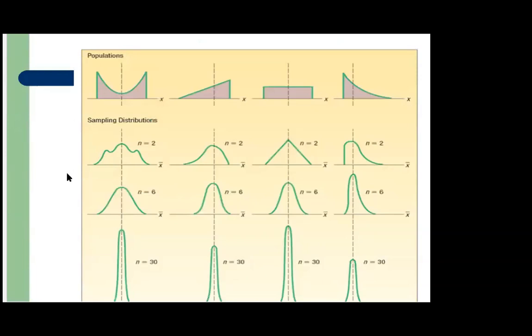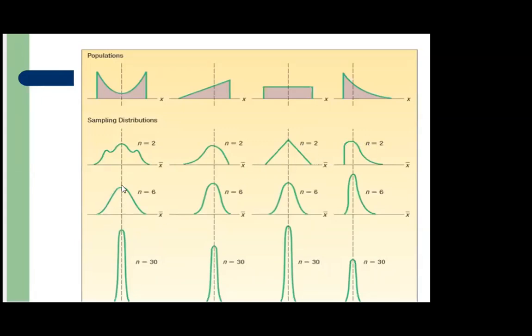Does it matter whether the original population has a normal shape? The answer is no. Whatever the original shape of the population distribution, maybe it's like this, maybe like this, when you start selecting those sample means of size 2, you have a shape close to normal.